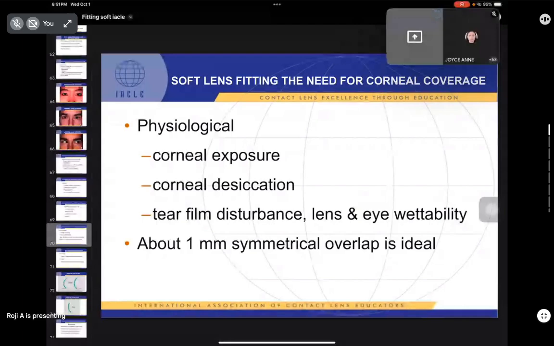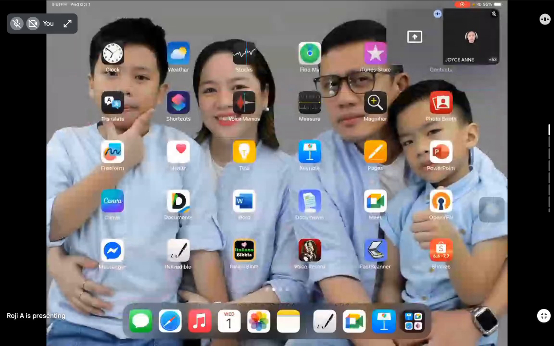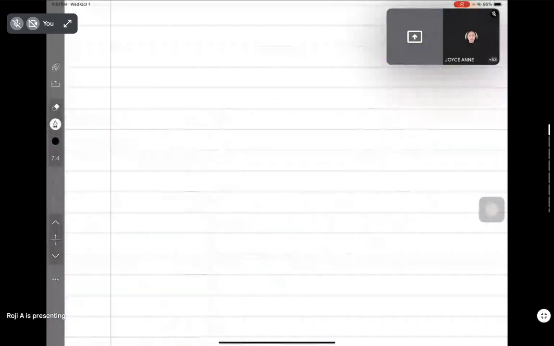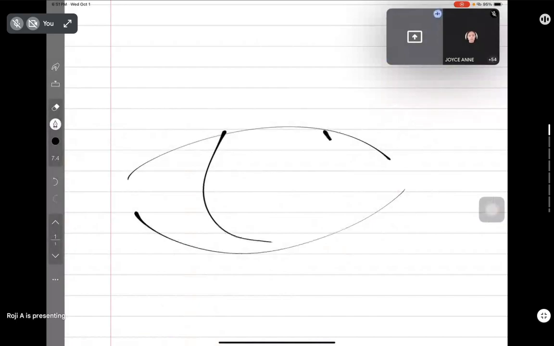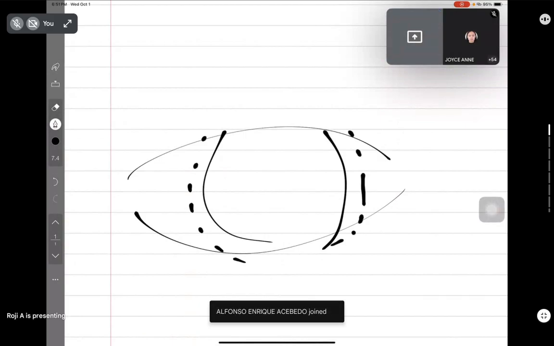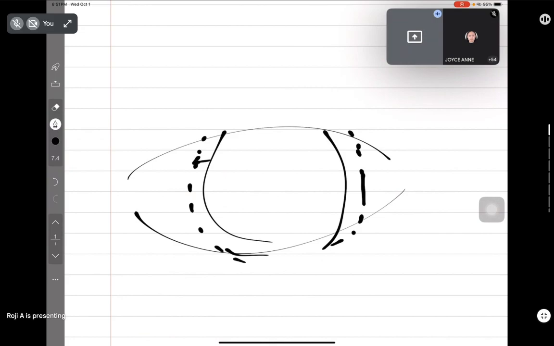Okay, about 1 millimeter symmetrical overlap is ideal. What does that mean? If this is your cornea, there's an overlap. This is the overlap. So the broken line is your contact lens. Now there is an allowed overlap, as long as primary gaze is 0.2 to 0.7 millimeters. Correct?